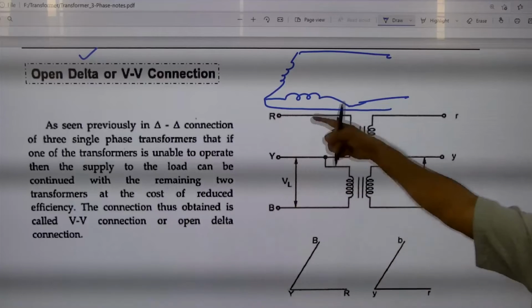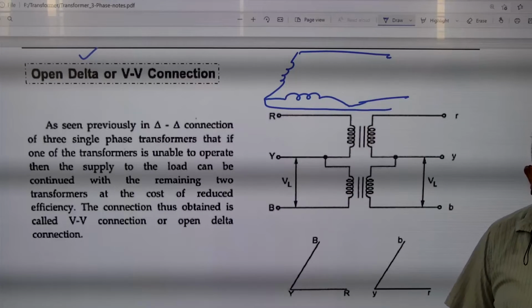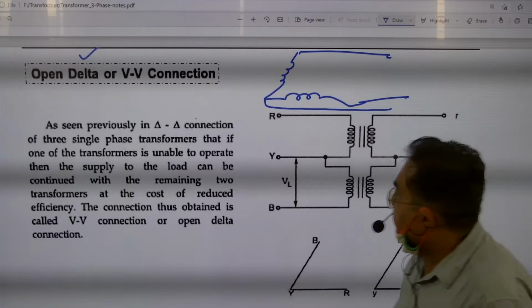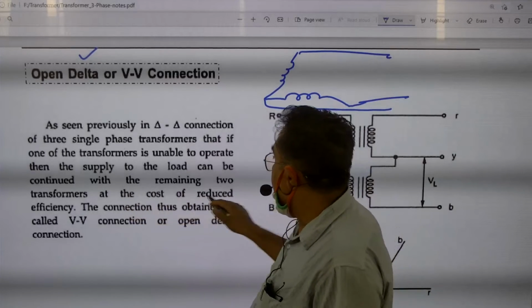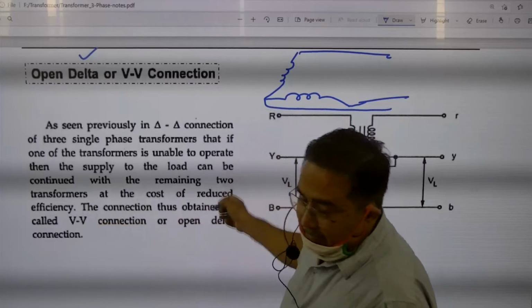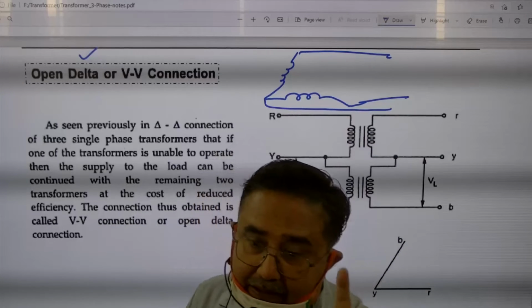Then we go for the open delta connection. It can be continued with the remaining two transformers at the cost of reduced efficiency. However, it can be there, but the efficiency will be reduced.